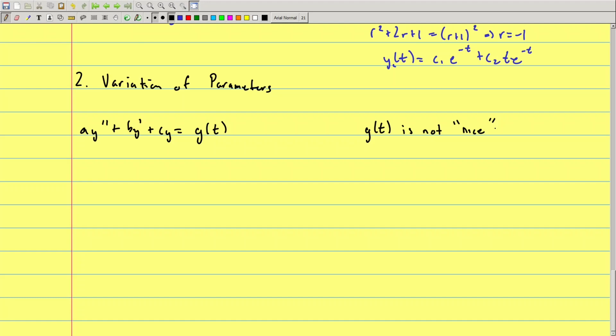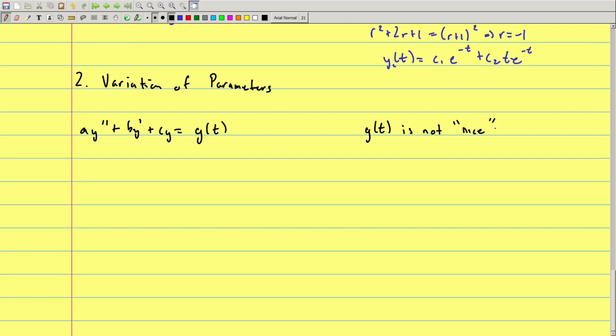Typically what that means is that it doesn't lend itself to be expressed in terms of linear combinations. It is not a polynomial. It is not sine and cosine. It is not e to the something times sine and cosine, or a polynomial times sine or cosine or e to the t or whatever.